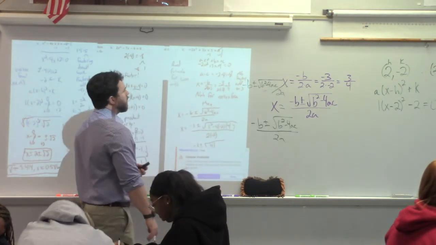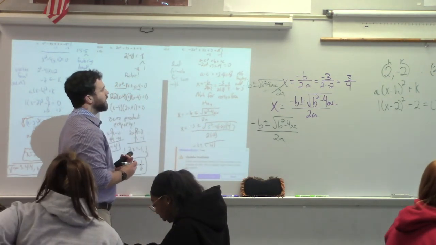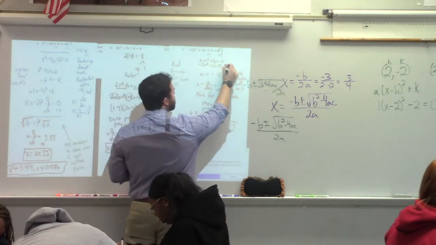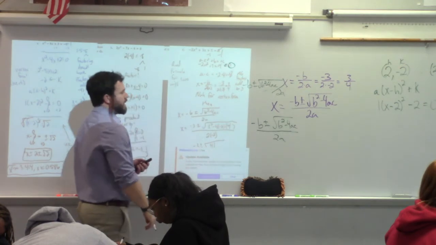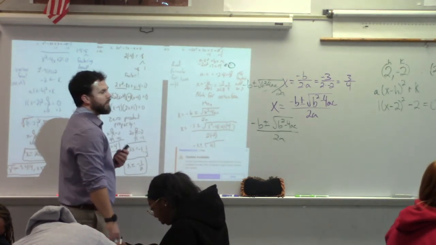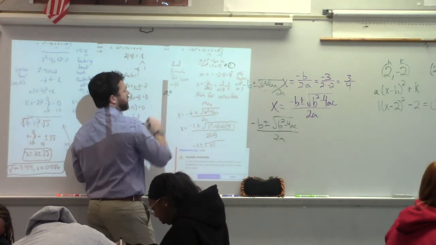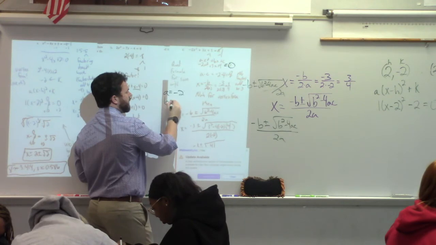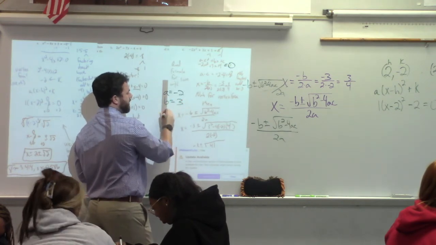From here, one of the biggest things I do want to point out is, again, to use quadratic formula, it has to equal 0, right? A lot of us need to slow down and pay attention to what A, B, and C are. A is equal to what? -2. B is equal to 3. C is equal to?